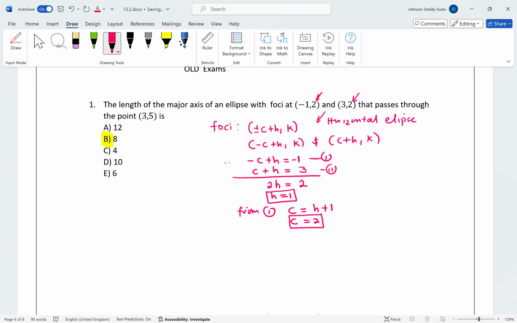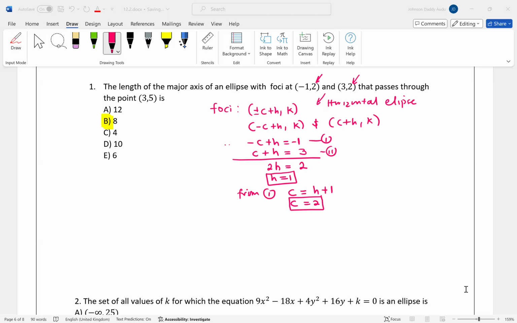Now, if you're looking for the length of the major axis, all right, now that we have C, remember this is what we are looking for: the length of the major axis of the ellipse.